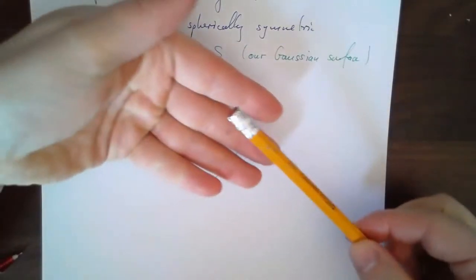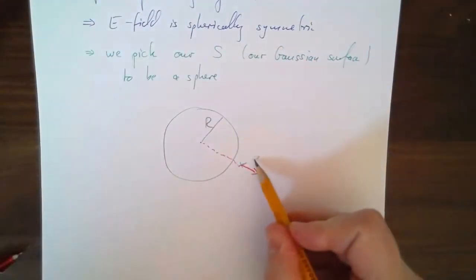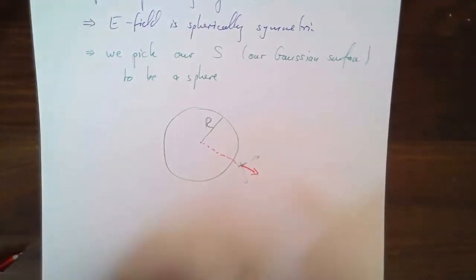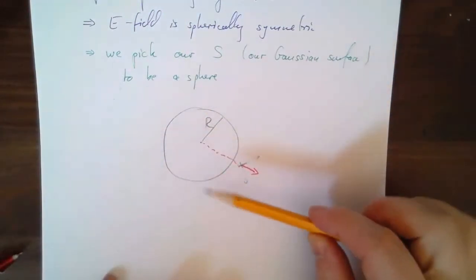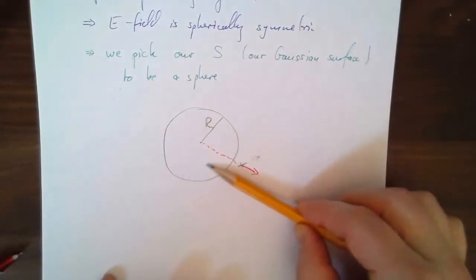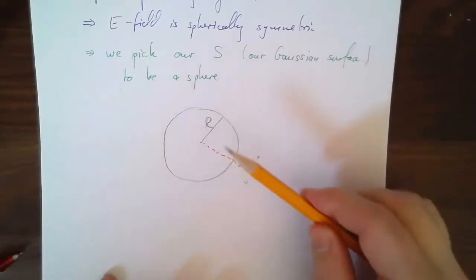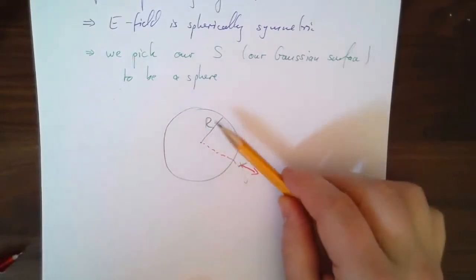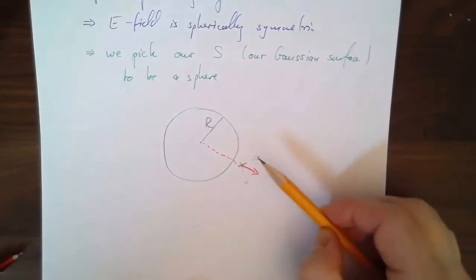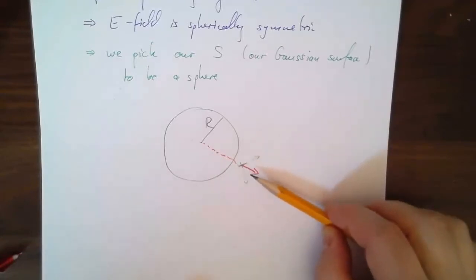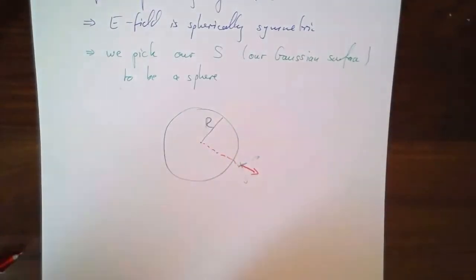I'm going to flip it. Well then, the electric field will be pointing this way, because I've just spun my whole setup. But that's bizarre, because I haven't changed the distribution at all, since rotating a sphere doesn't change the sphere. It doesn't change where the charges are. So that's a contradiction. Therefore, I know that the electric field has to be radial, and if it's a positive charge, I can make an informed guess it's going to be outwards.